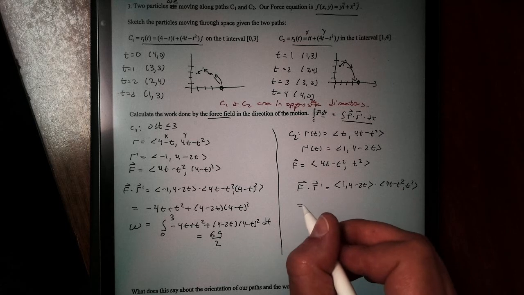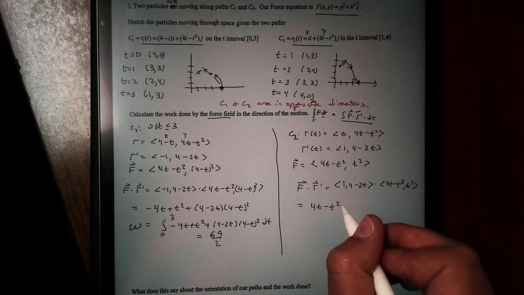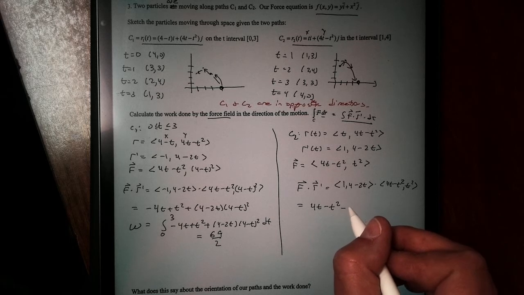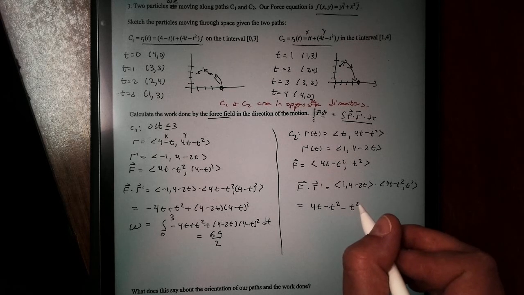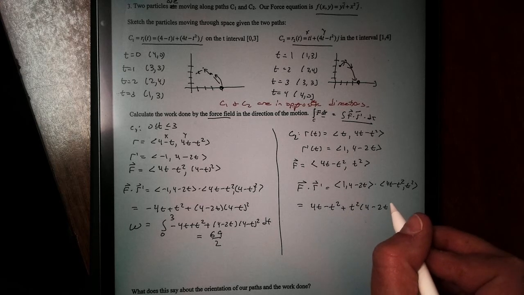And that winds up being 4t minus t squared, plus t squared times 4 minus 2t.